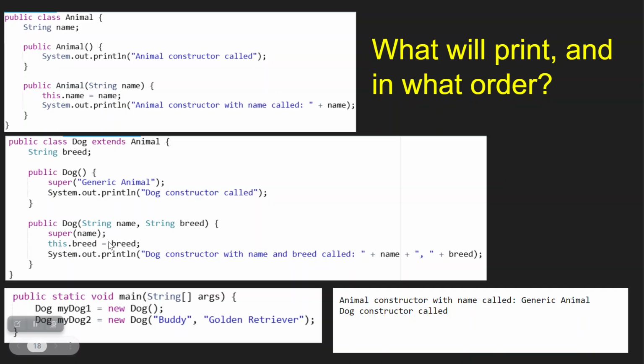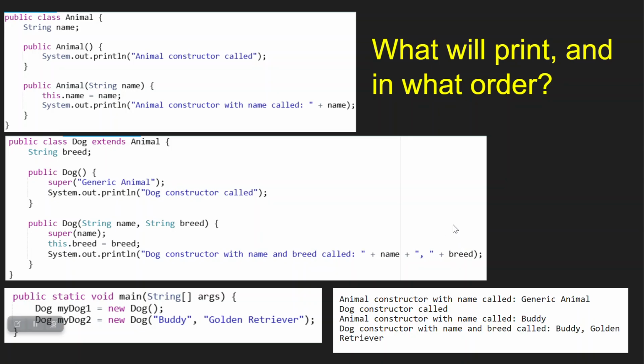And then this.breed equals breed, so breed gets instantiated to be golden retriever. And now we're going to print dog constructor with name and breed called, and we're expecting to see buddy, comma, and then golden retriever. And then sure enough, that's what happens.